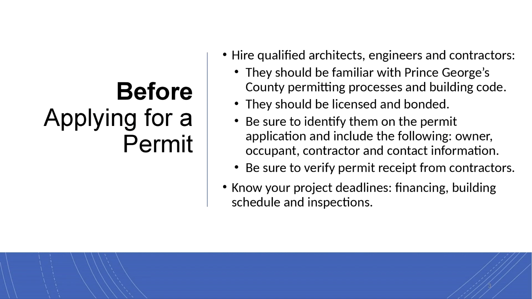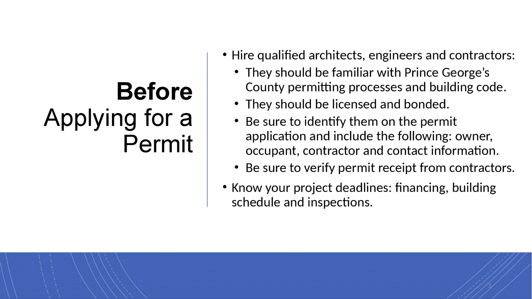Before applying for a permit, there are several things that we recommend. You should hire qualified architects, engineers, and contractors. They should be familiar with Prince George's County permitting processes and building code. You want to make sure that they are licensed and bonded. Be sure to identify them on the permit application in the section that lists the owner, occupant, contractor, and contact information.